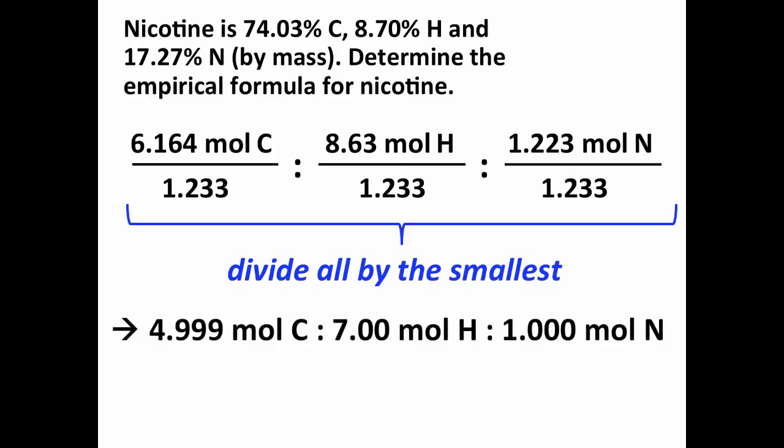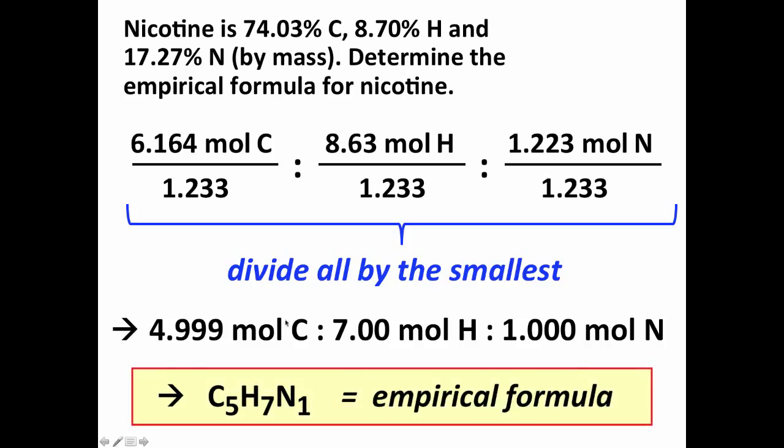And when you do that, we get 4.999 moles of carbon to 7.00 moles of hydrogen to 1.000 moles of nitrogen, which is basically a 5 to 7 to 1 ratio. So C5H7N1 is the empirical formula for nicotine.